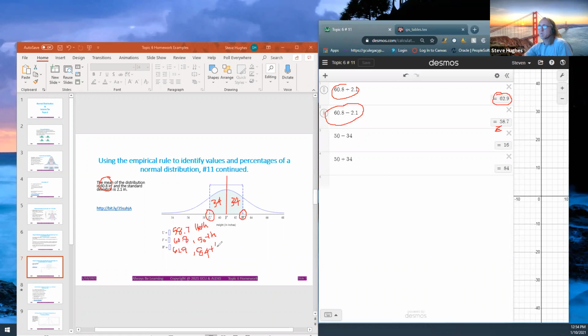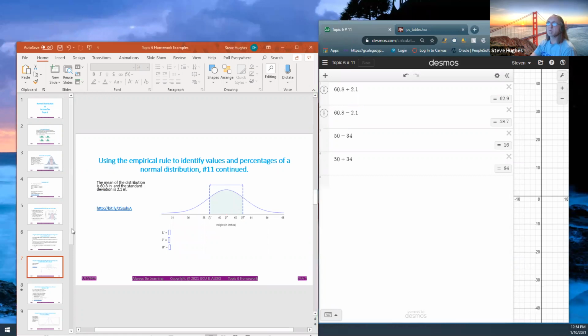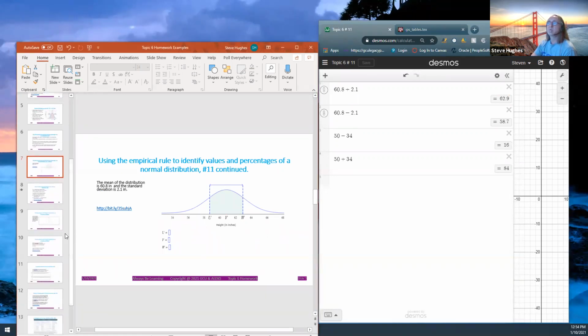All right, so 62.9 is the 84th percentile, meaning that 84% of the data lies below W, which is 62.9. All right, very good, everybody. Appreciate you guys working with me here today. All right, let's keep going. All right, that was question number 11 from our homework.